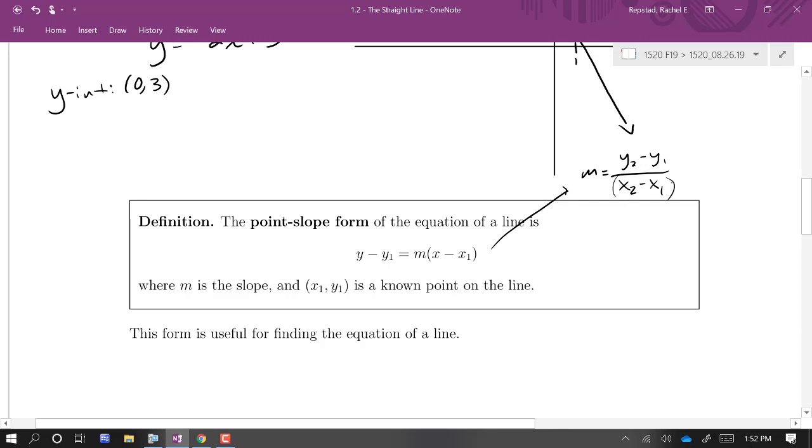And if I were to multiply both sides by x2 minus x1, you will get this equation, except they've replaced the x2, y2 with just x and y. The distinction here is, of course, anything with a subscript, the x1, y1, those would be the coordinates we know, but plain old x and plain old y are variables, right? They're going to stay at just plain old x and plain old y.